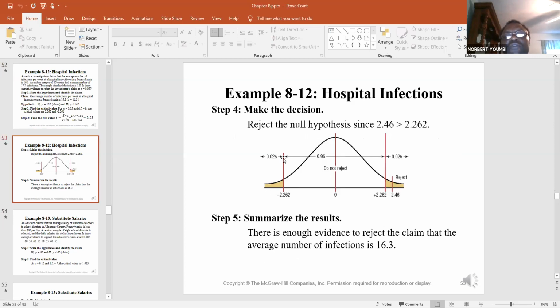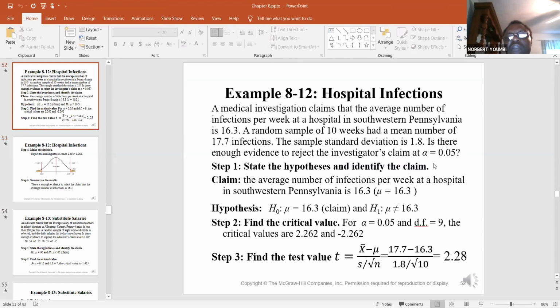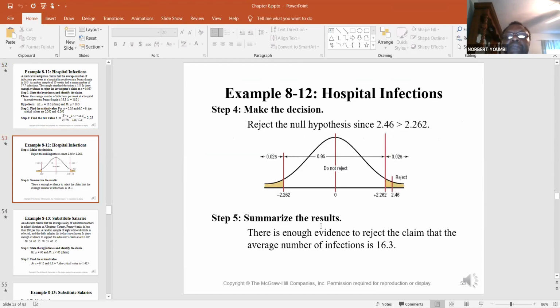And the critical value, reading this from the table, you just use alpha equal to 0.05 and then read the table for two-tail with degree of freedom of 9, because n equals 10, so the degree of freedom is 9. You will get negative 2.262 and 2.262.